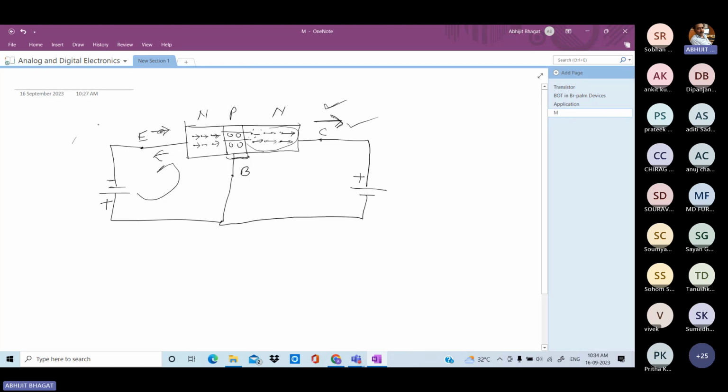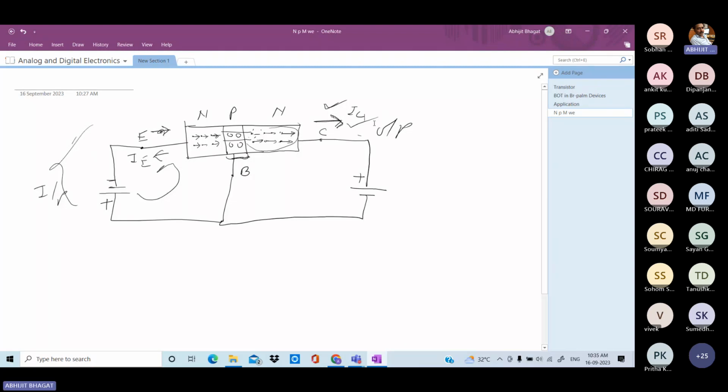This is the input side, and this is the output side. This one is the input current, here IE, and this is the output current, here IC. So the input current controls the output current.